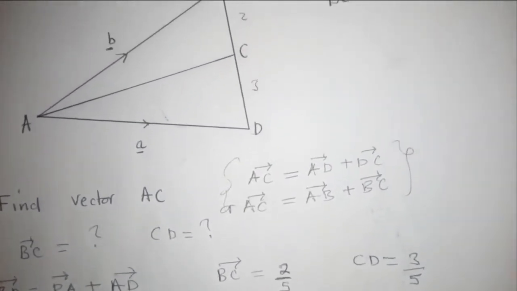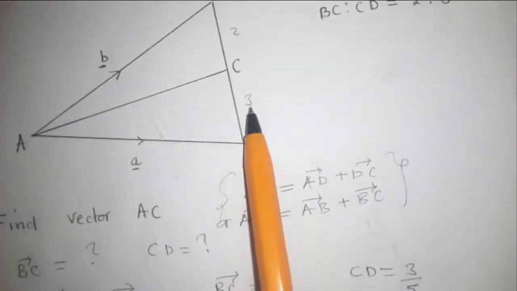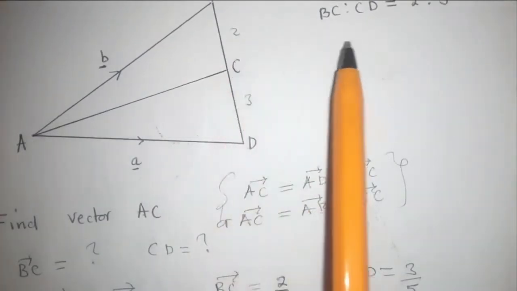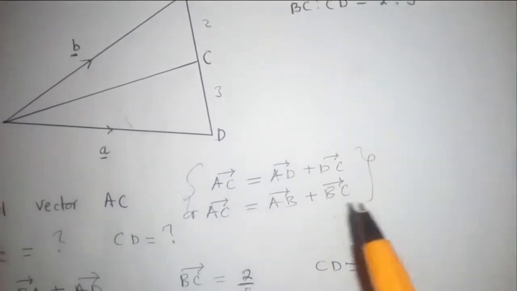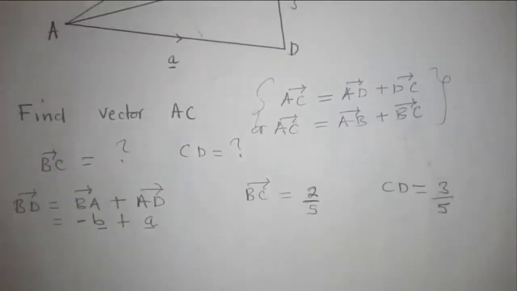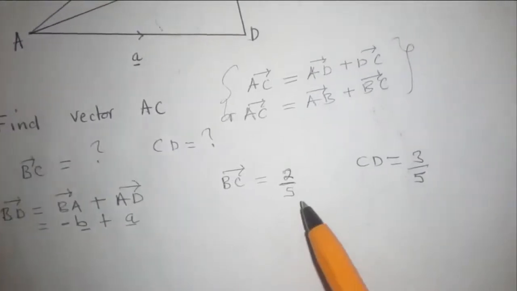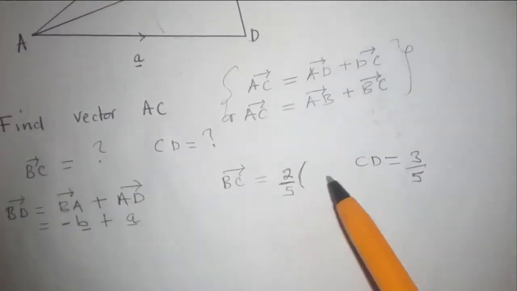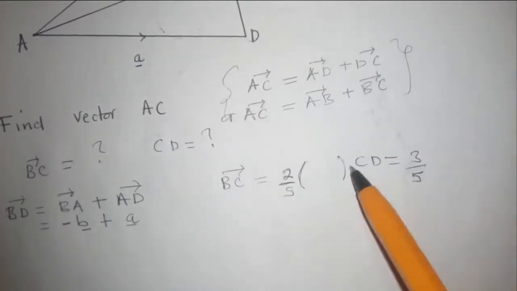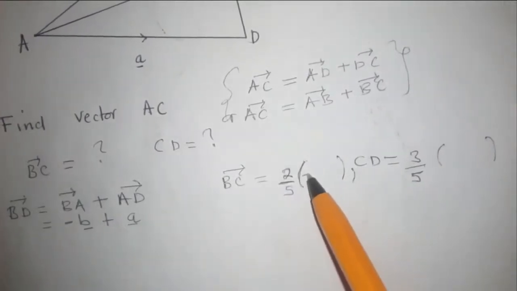It is found by adding these two numbers: 3 plus 2 is 5. Whenever you see ratios like this, just add them to find the denominator, and write it. Then you get the vector you found here and plug it in here.